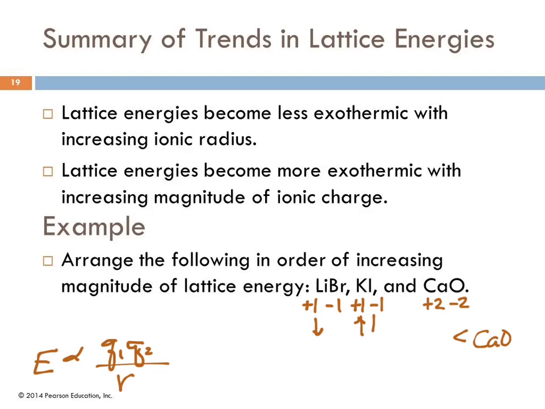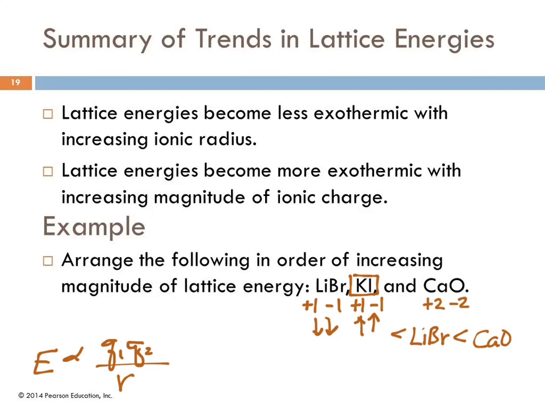The iodide is bigger, and the bromide is smaller. So this one has the largest ions. The charges on the ions are the same, but these are larger and these are smaller. Which one is going to have more attraction? The smaller ones. So the smaller one is in the middle, and the big one is at the bottom.